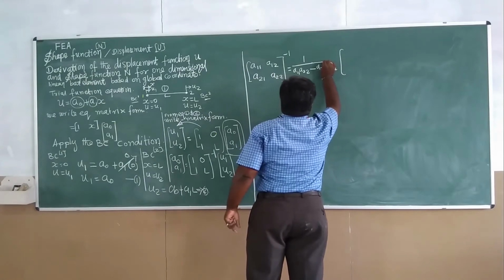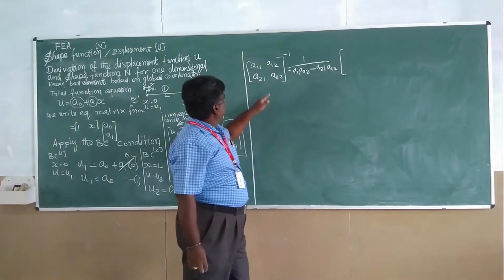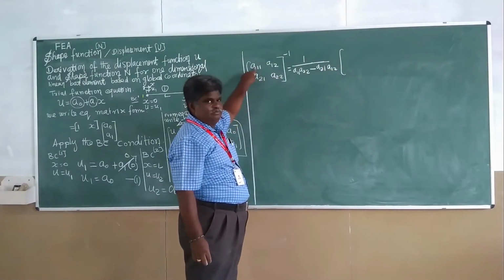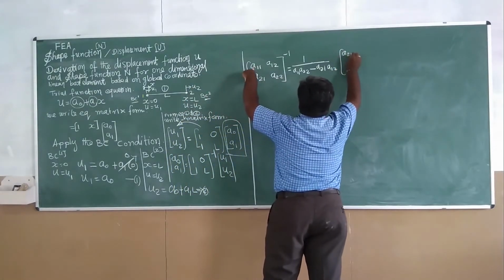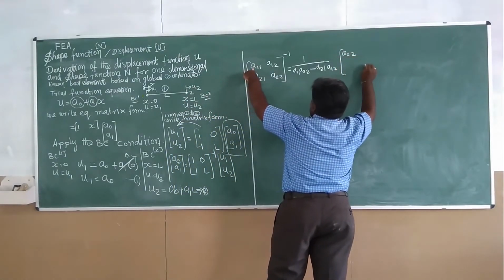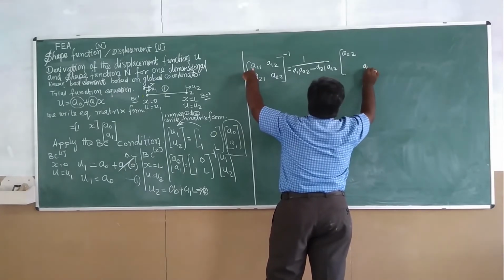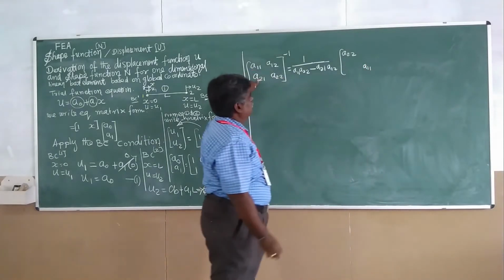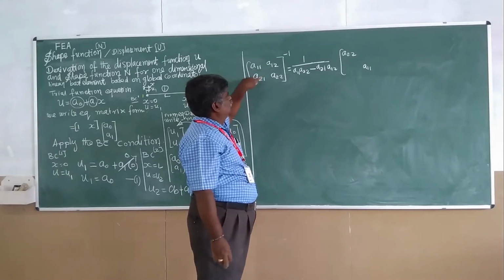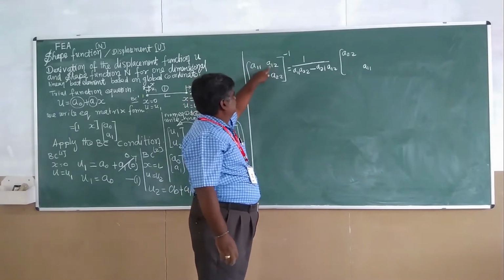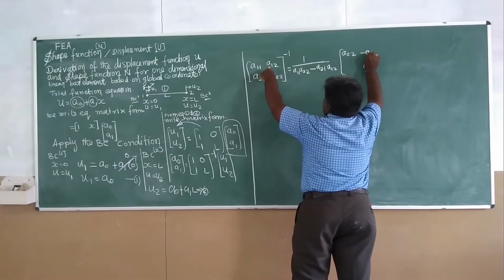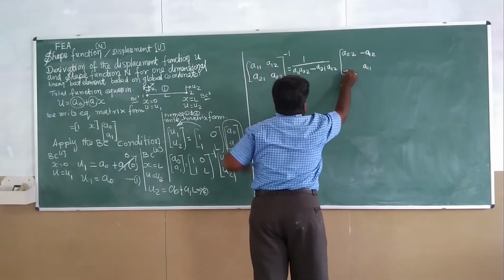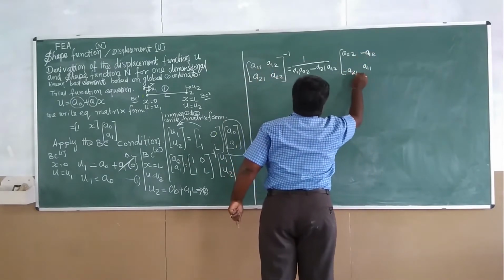Then these two terms will be interchanged, a22 and a11. The rule is that the other two terms take a negative sign: minus a12, minus a21.